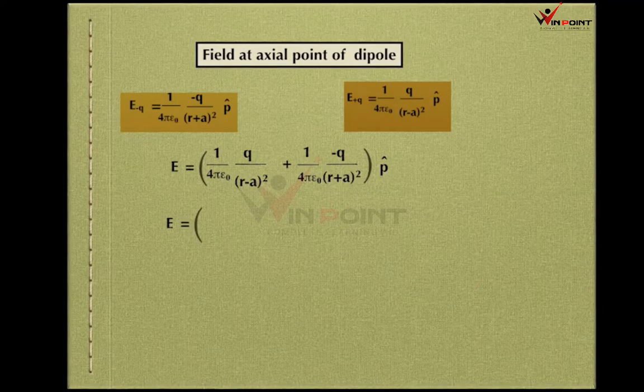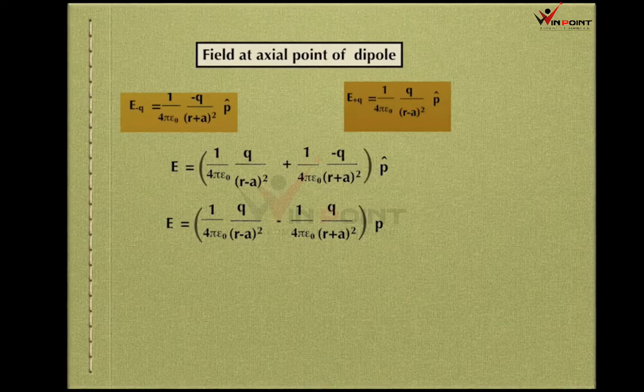Here we can take the minus sign as a common negative, so this plus will change into negative. The equation will be E is equal to 1 by 4 pi epsilon 0 q upon r minus a whole square minus 1 by 4 pi epsilon 0 q by r plus a whole square into p cap.